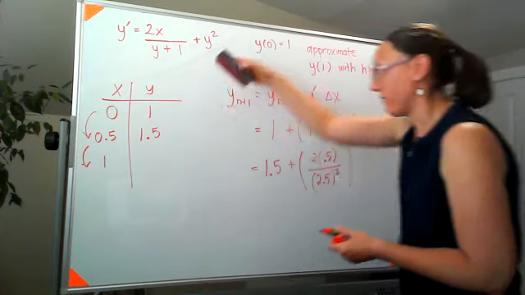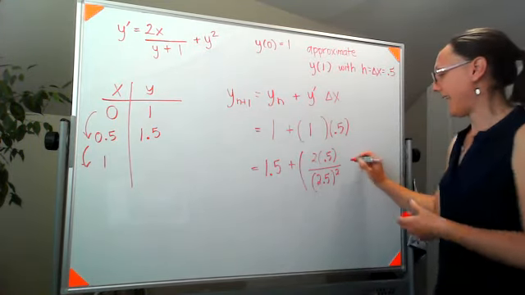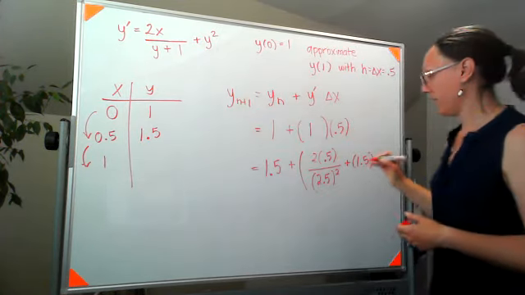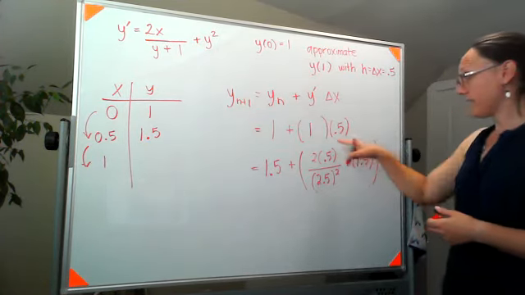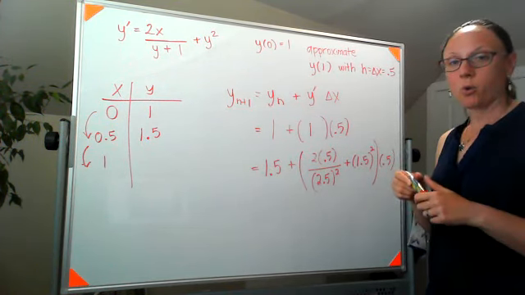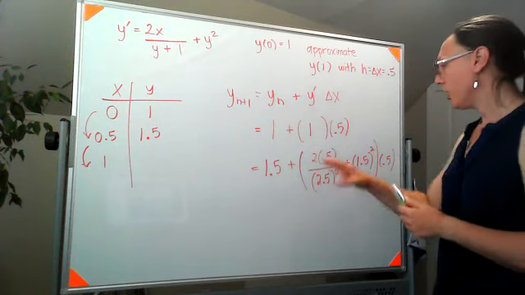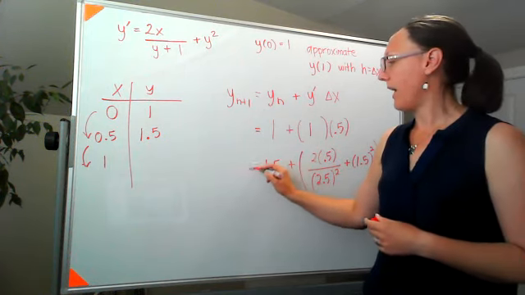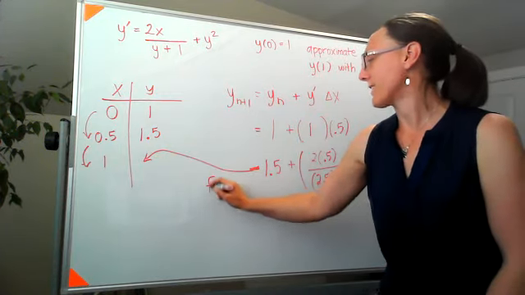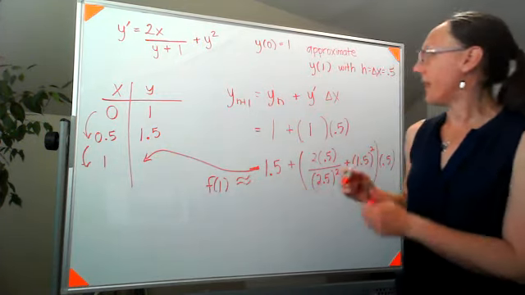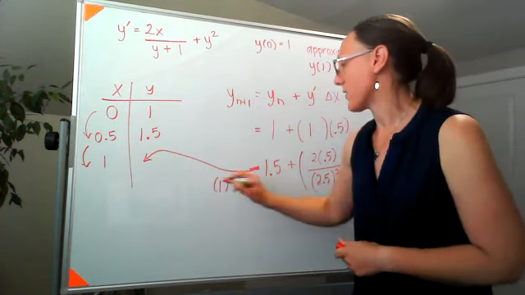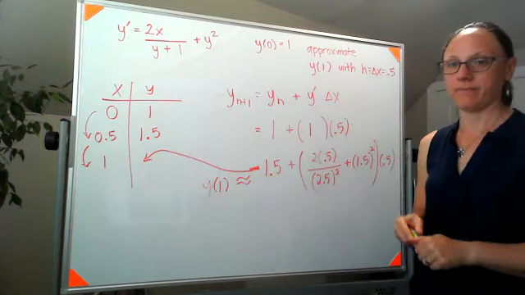Oh, I didn't quite leave myself enough space because we're also going to need to add in the 1.5, or the y value I'm currently at, squared, times 0.5. Now, if you happen to have a bunch of time, or if the numbers happen to look real pretty, you could simplify that down. I'm just going to draw an arrow to say that's where it would go, and this is approximately y of 1. I guess I used y in this problem. So let's go with y of 1.